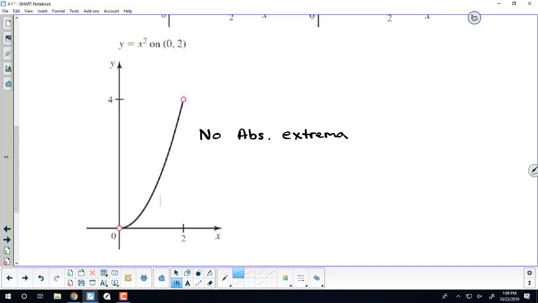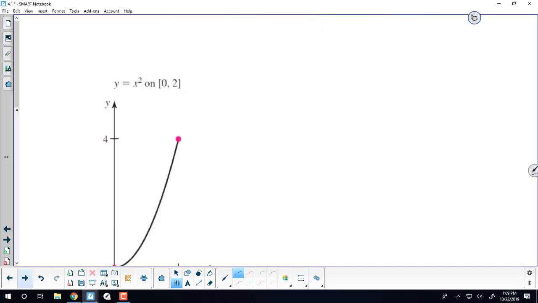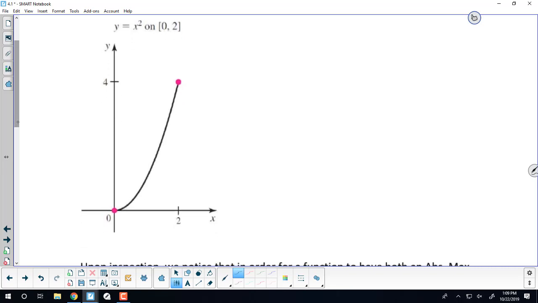But right now we're just focusing on the interval. All of these were open intervals, and those open intervals didn't guarantee us both an absolute max and an absolute min. So what happens if we looked at x squared on a closed interval where we're actually including the endpoints? Then we see that we do have both an absolute max and an absolute min.